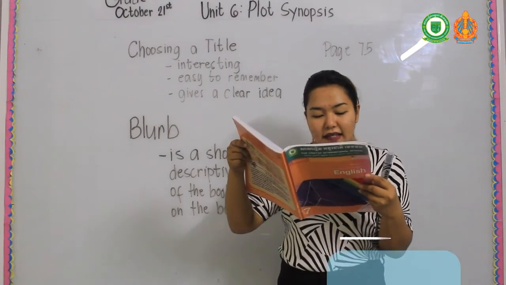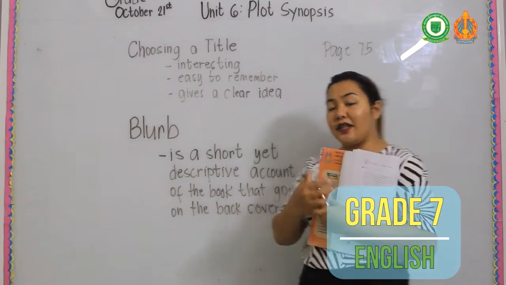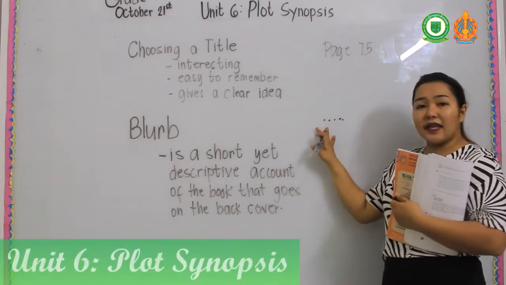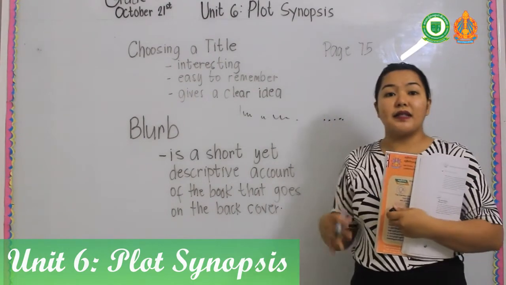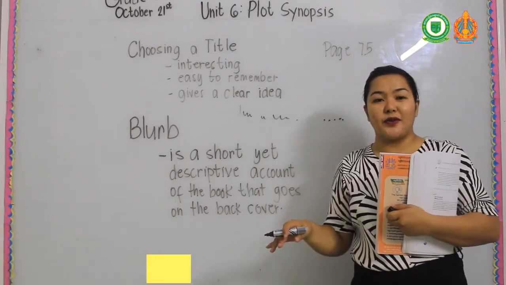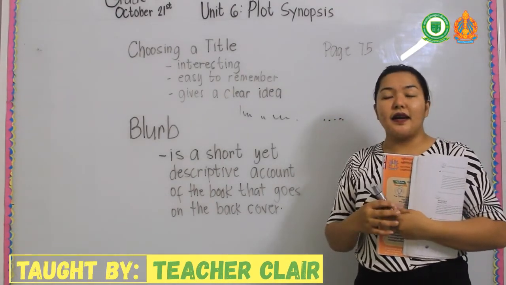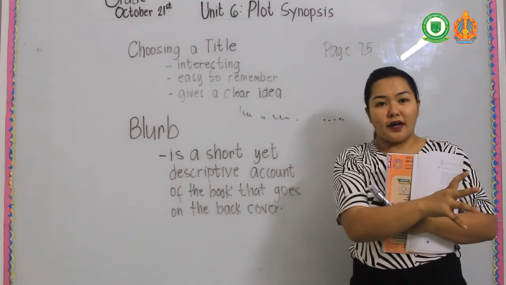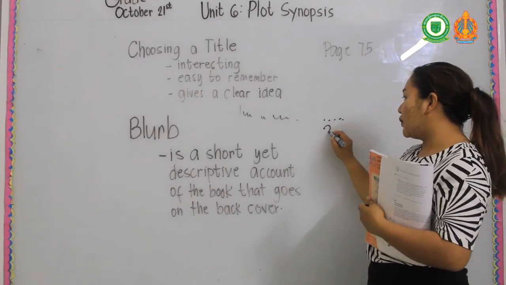Blurbs often end with a question mark or an ellipsis. If you see an ellipsis after a sentence, it means that there's more that you have to know. But if it's a period, then it's the end of the idea. Okay? Or they say that blurbs normally end with a question mark.